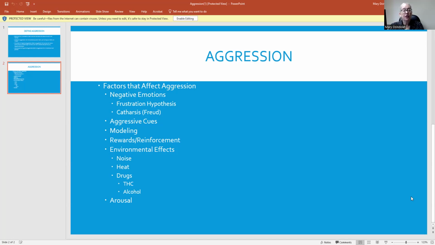Everything that we learned early in the semester about reinforcement applies too. If we are positively or negatively reinforced for acting aggressively, we're going to be more likely to act aggressively in that situation at a later time. It's basically the definition of operant conditioning, right?